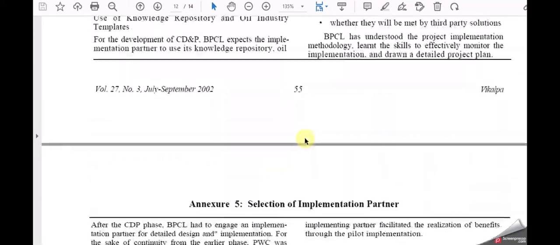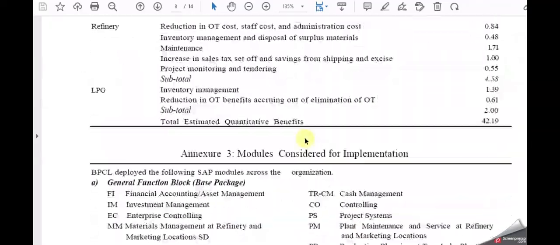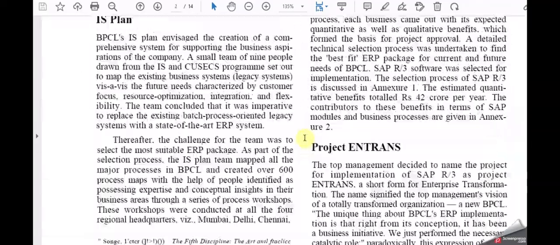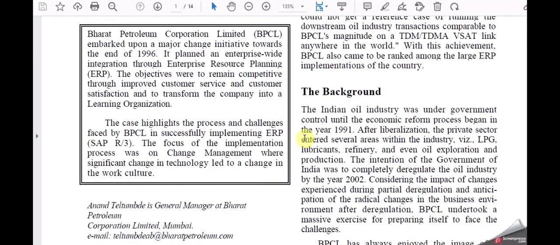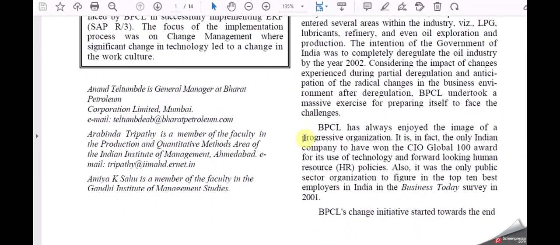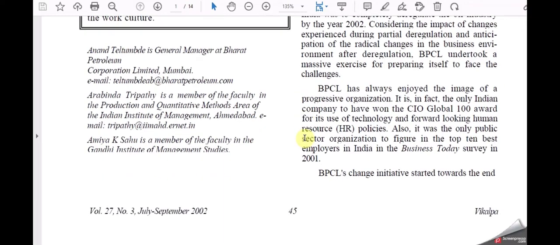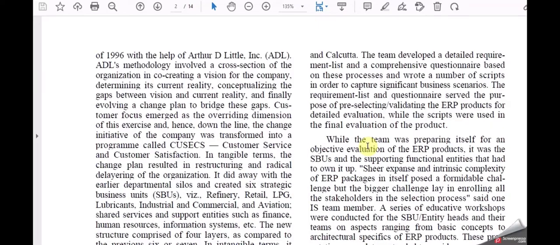I think it has been mentioned here. The cost benefit that was expected was, I think some crore was mentioned. Let me just check.